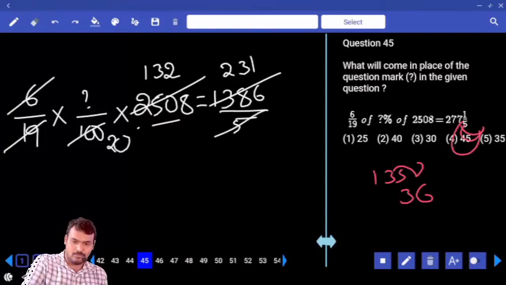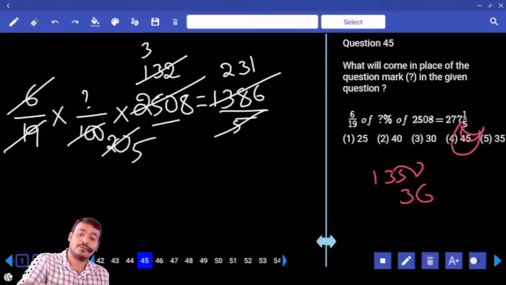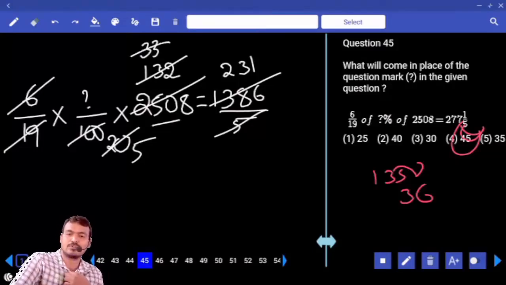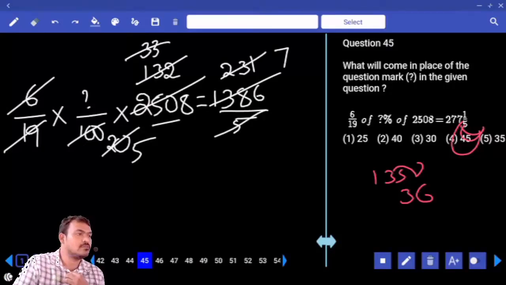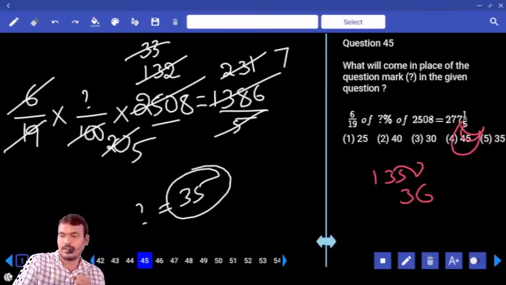Next 4 how many times? 5 times. 4 how many times? 3. 3 or not? Next 33 almost 7 times or not? Then question mark equal to 35.